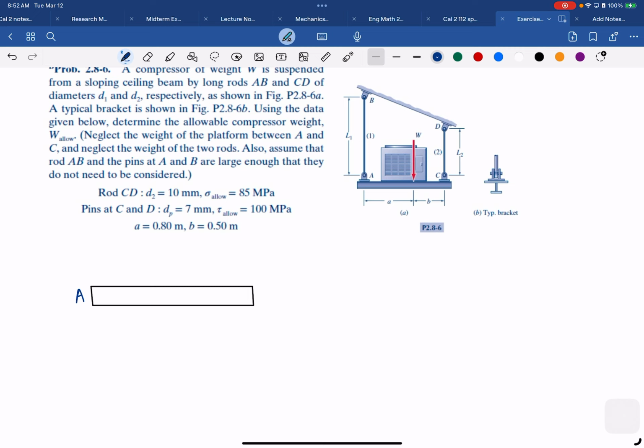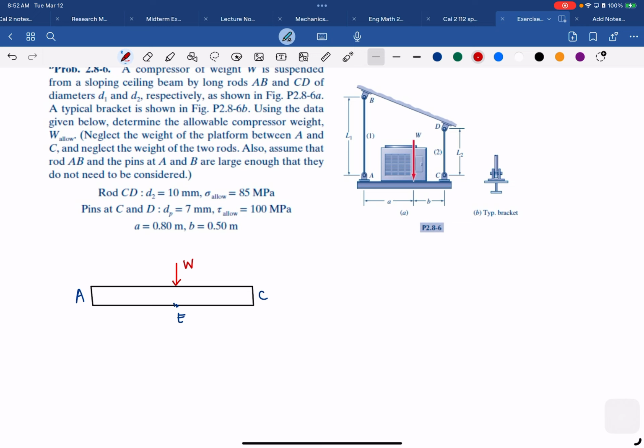A, and then let's say this is B, or maybe not B, maybe E, because B is on the upper side. So maybe this is E, and this is C, and we have this is the W. And we neglect the weight of the platform. So the bar, the platform AC, we ignore.